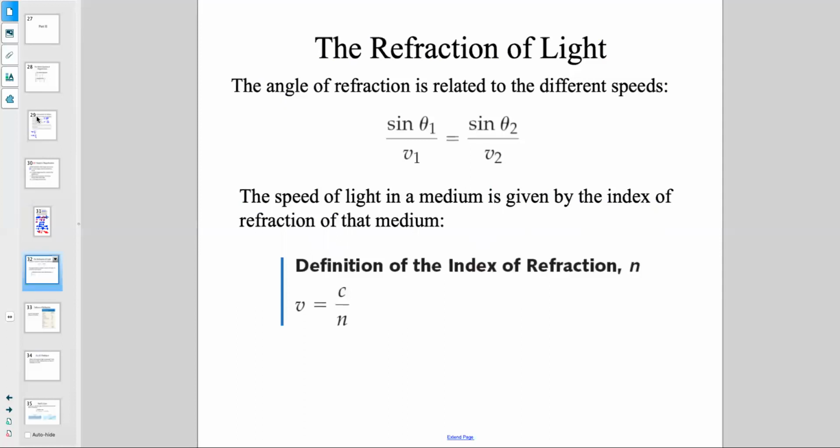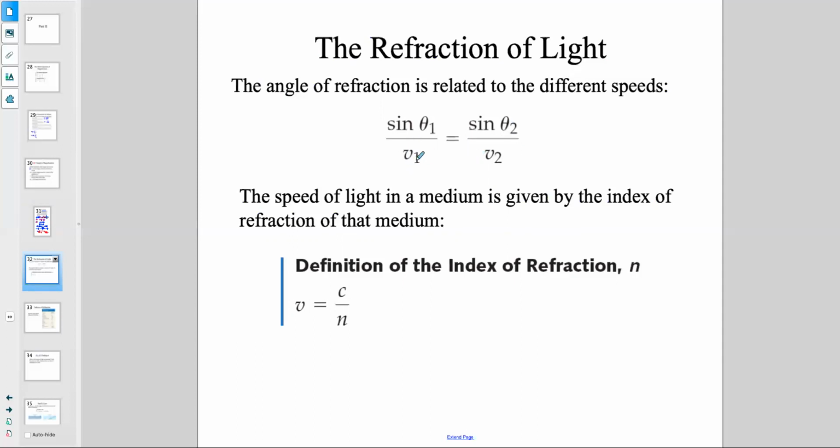Let's say that in medium 1, you have v1, which is the speed of light, and it is going with an angle of theta 1. And in medium 2, the speed is v2, and it's going from 1 to 2. But when it goes to medium 2, it will be refracted to another angle, theta 2, and that's how they are related to one another.